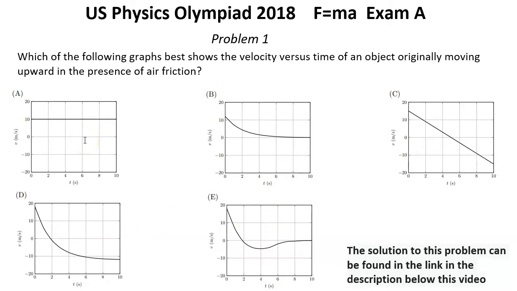It means that the object is always going up, which is not correct. On pictures B and E we have terminal speed equals 0. It means that finally the object is not moving, which is not correct. And only on picture D the terminal speed is negative and acceleration is always decreasing. So that's the correct answer.